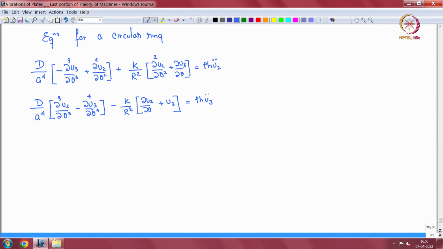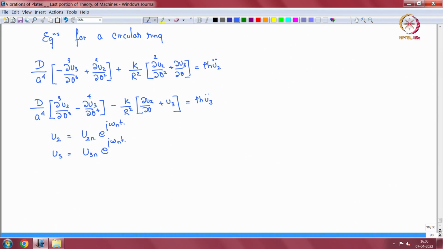Okay. Now what we do in here is that we substitute for u3, okay, and u2 is equal to some u2n e to the power of j omega n t, and u3 is some u3n e to the power of j omega n t.